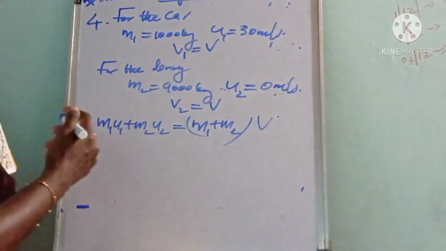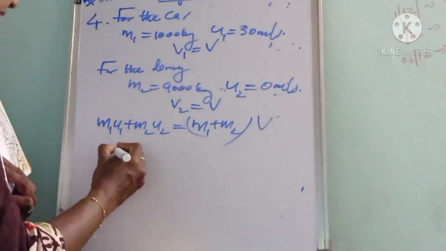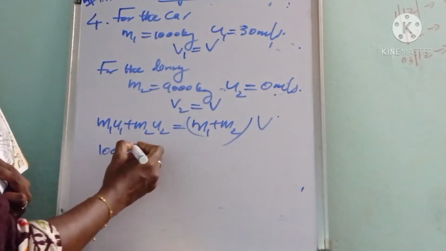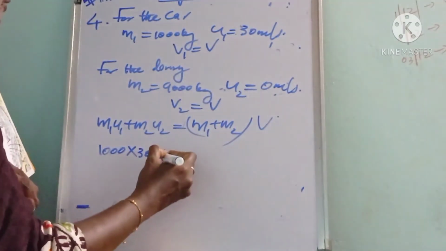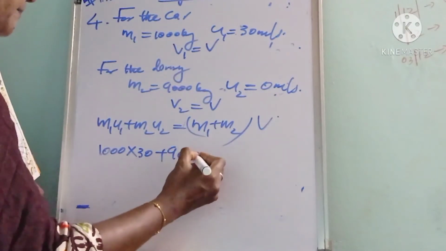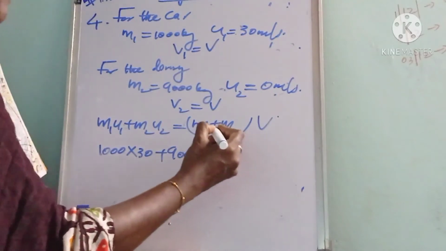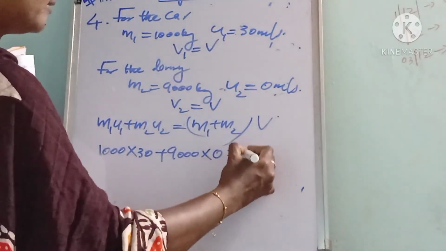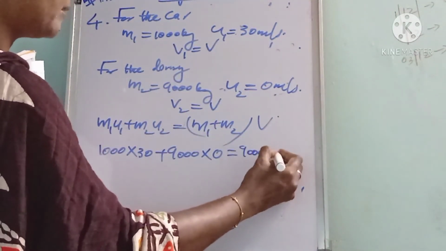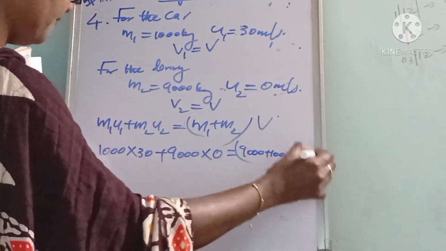Substituting, M1 is 1000 kg, 1000 into U1, which is 30, plus M2 which is 9000, its velocity is 0, equal to 9000 plus 1000 into v.